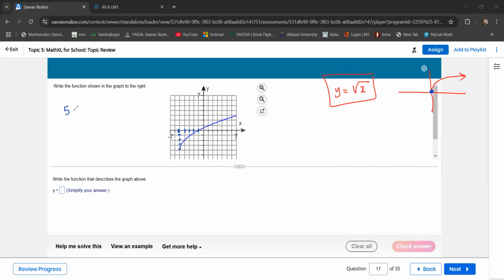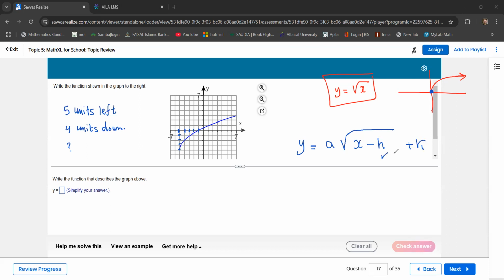So it went 5 units left, then it went 4 units down. But what if we have a vertical stretch or vertical compression? So first of all, we need to write down the function y in the general form. In the general form, it's a number multiplied by the square root of x minus h, plus k.